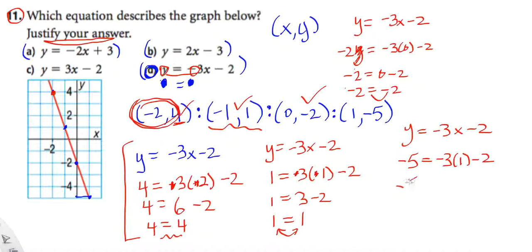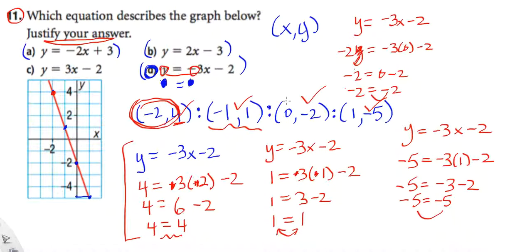We'll bring it down again. We know that a negative multiplied by a positive retains the negative number. So -3 times 1 is -3 minus 2. -3 minus 2 is like adding a -2. So we have -5 and -5 on each side. So this one checks out as well.